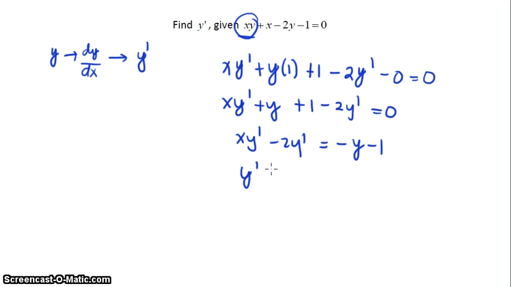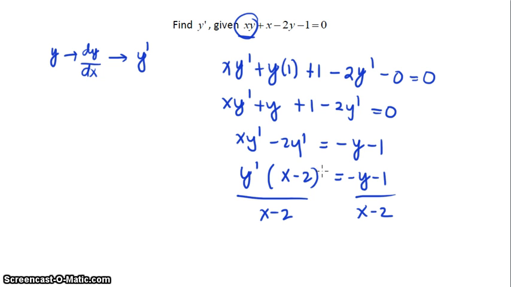Then factor out the y prime, so this is x minus 2, equals negative y minus 1. Finally, divide both sides by x minus 2, then cancel. So y prime is negative y minus 1 over x minus 2.